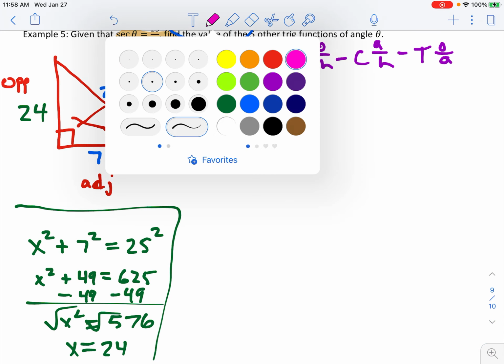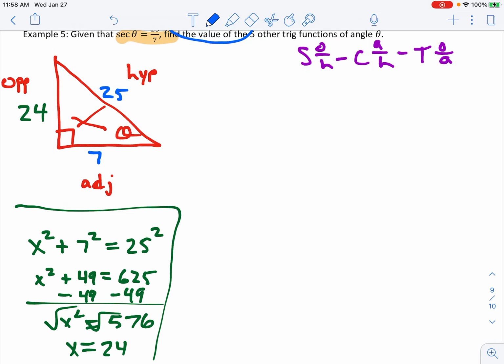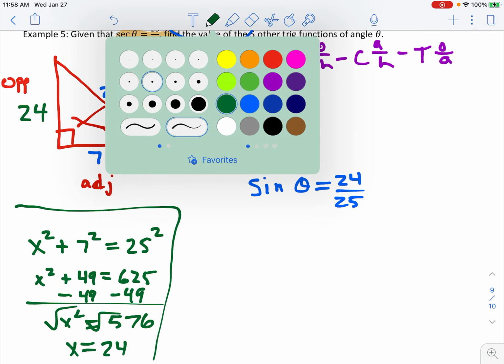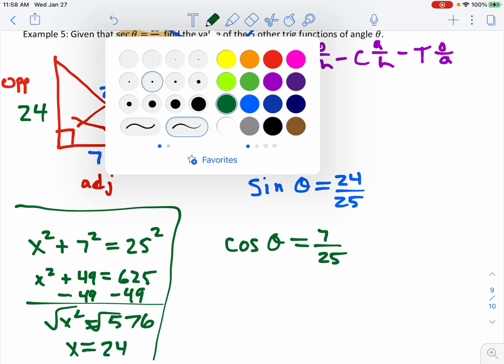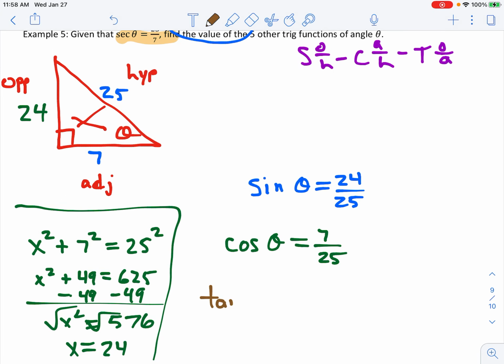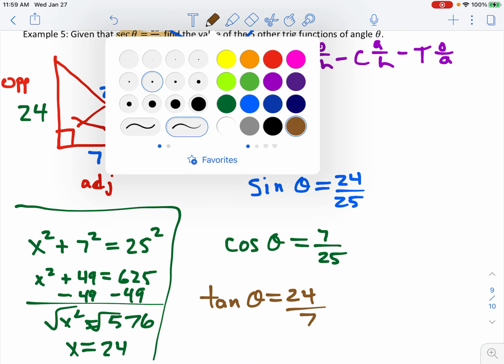Now, let's go back and label all our sides then. Well, we know sine of theta is opposite over hypotenuse, so 24 over 25. Remember, our cos is adjacent over hypotenuse, so 7 over 25. My tangent is opposite over adjacent, so opposite was 24 over 7.